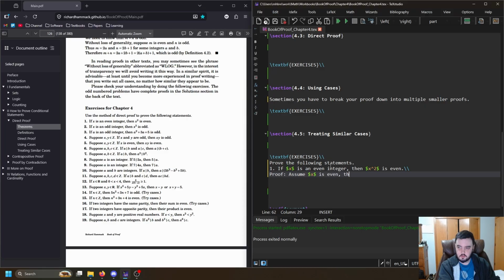Therefore, there exists an a in the integers such that x equals 2a.